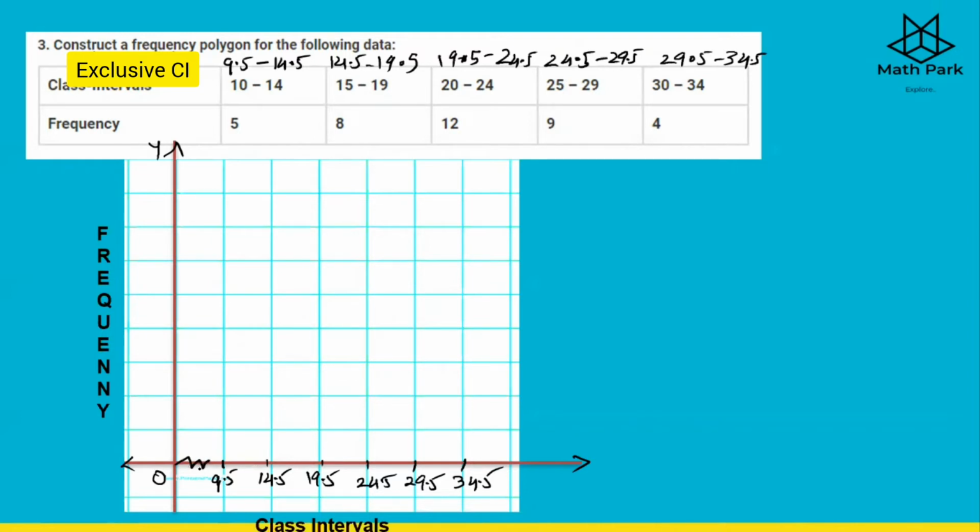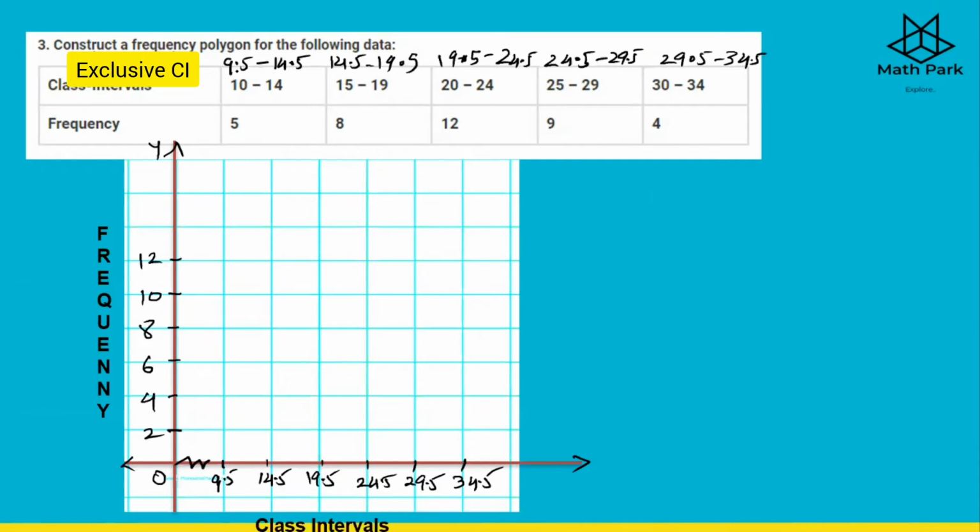It is very important: since this gap and this gap are not the same, we have to put a kink over here. Looking at the frequencies, the highest is 12 and the lowest is 4. So we can have a scale here as 2, 4, 6, 8, 10 and 12.